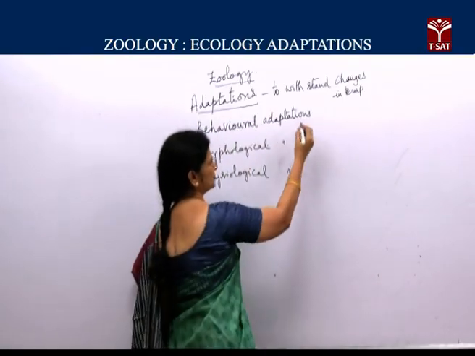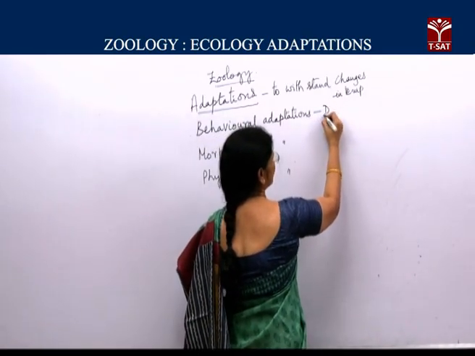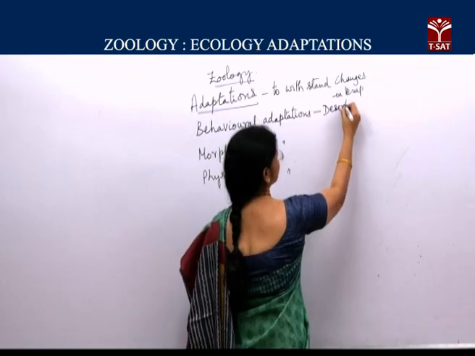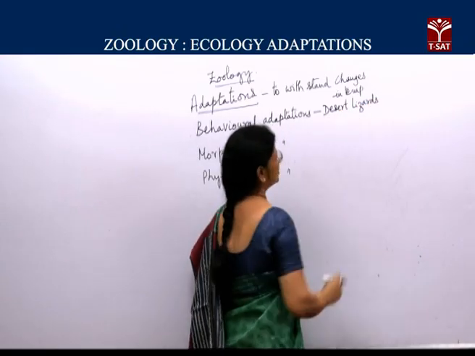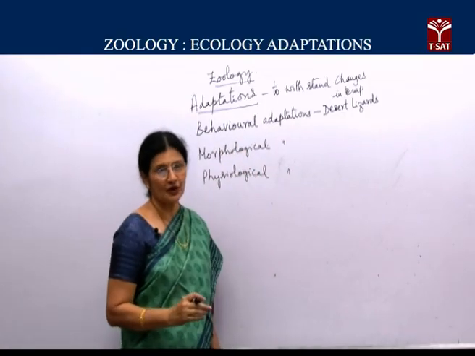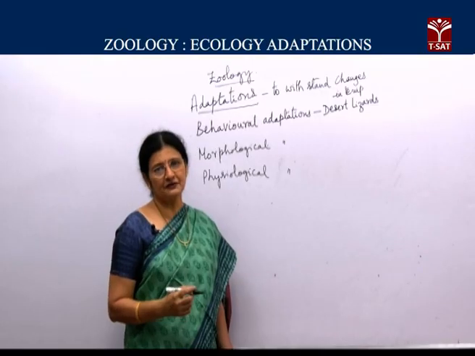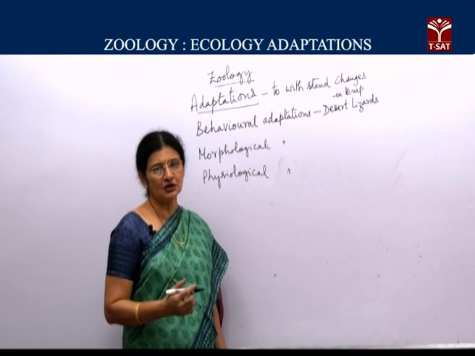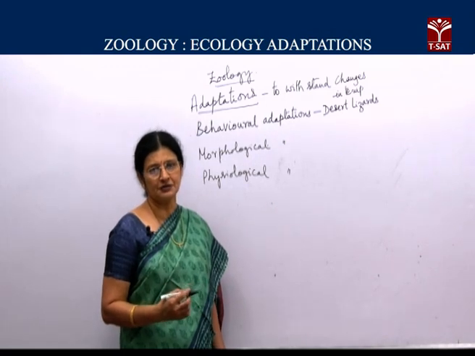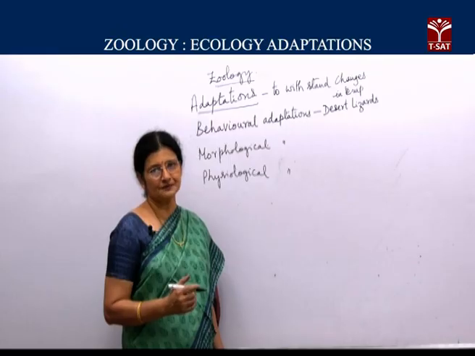Behavioral adaptations we can explain by taking the example of desert lizards. At night the temperatures are very low. The lizards, we all know, are cold-blooded vertebrates, so body temperature also decreases.